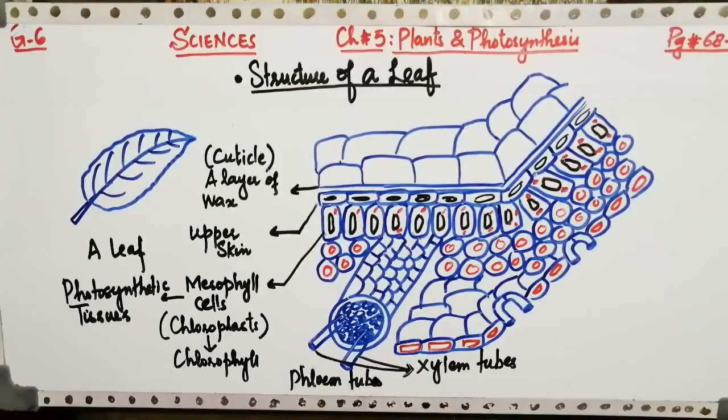The xylem tubes perform the function of transport of water, and the phloem tubes perform the transport of food in and out of the leaf.